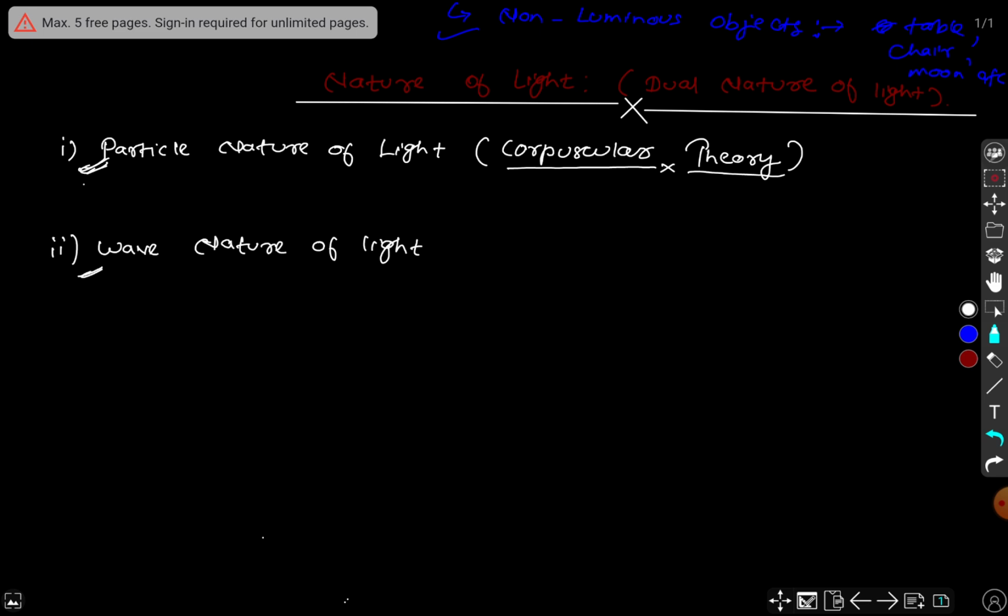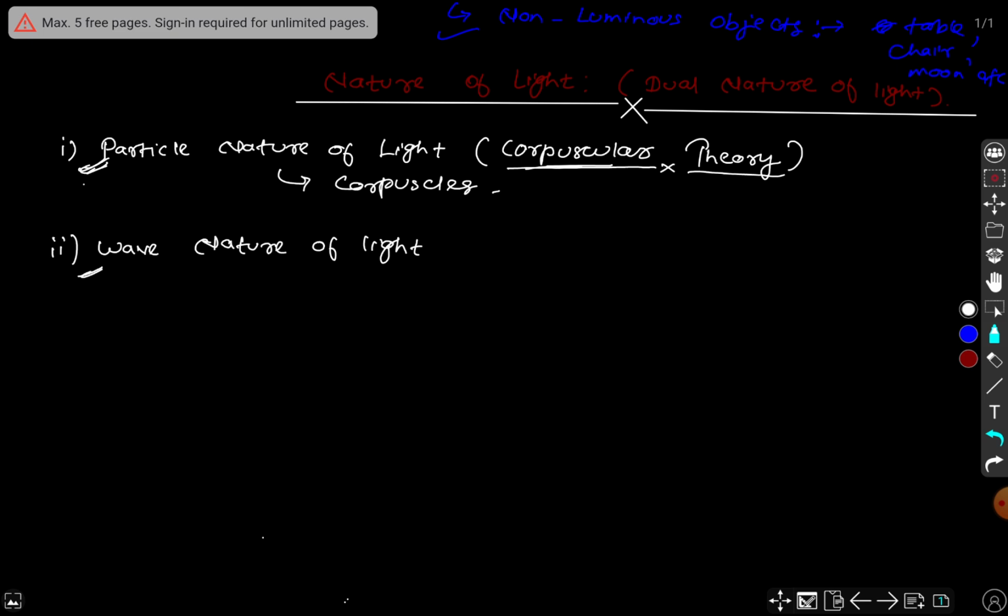According to Newton, the light is made up of particles, and he named the particles corpuscles, and the theory was known as corpuscular theory. Later, another scientist came into existence whose name was Huygens, and he proposed that light is not made up of particles.